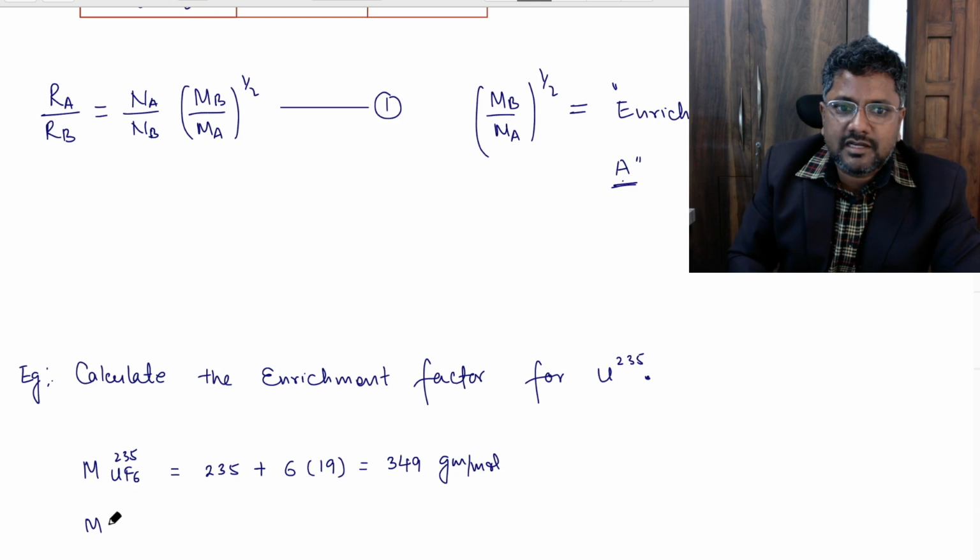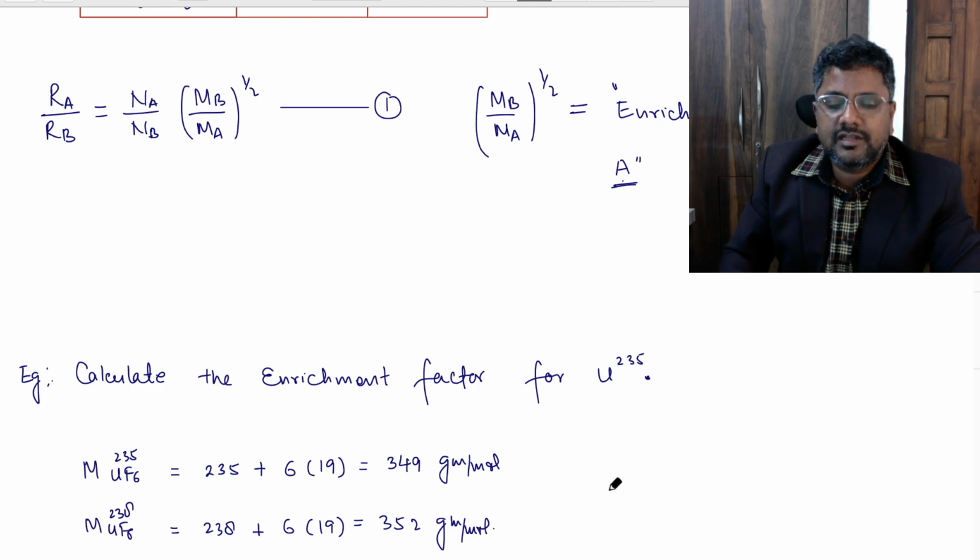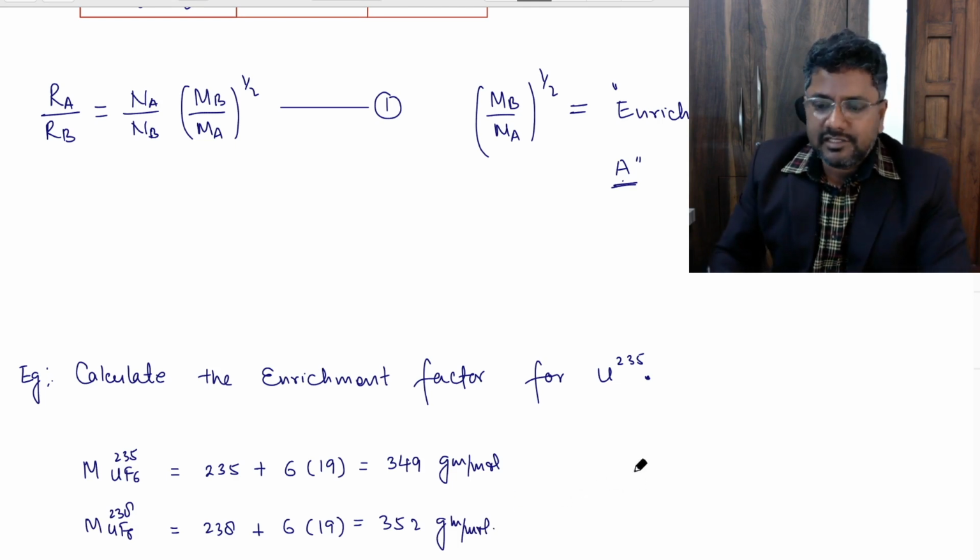Similarly, the molar mass of UF6 238 is equal to 238 plus 6 into 19, so this is 352 grams per mole, right?